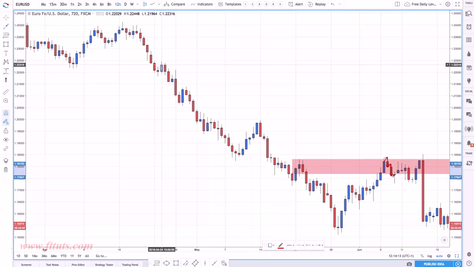You've got a bullish candle, then you've got two candles there. You've got a bullish candle, two candles there, two candles there, and then again two candles here, two candles here, and so on and so forth.